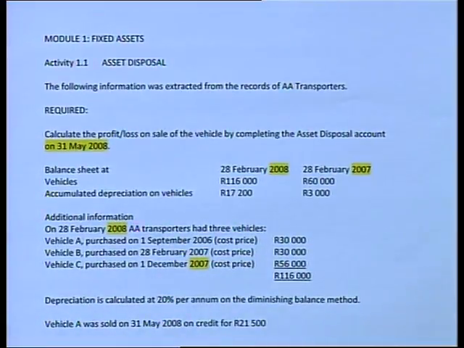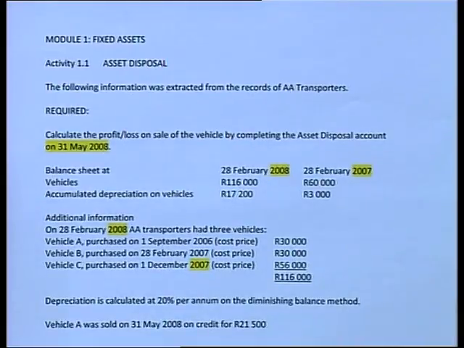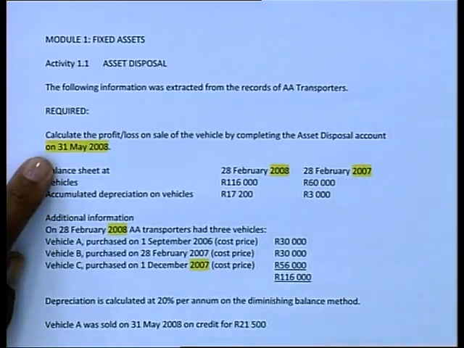I've got the activity in front of me, and there are just a few changes that I want to make. You can see the items highlighted in yellow are the changes I want to make before we start with this activity. The first is the required information, which says calculate the profit or loss on sale of asset of the vehicle by completing the asset disposal account, and I want you to change that to the 31st of May 2008.